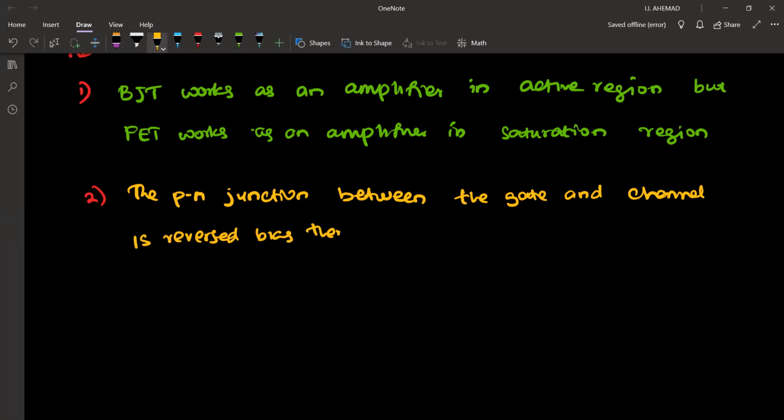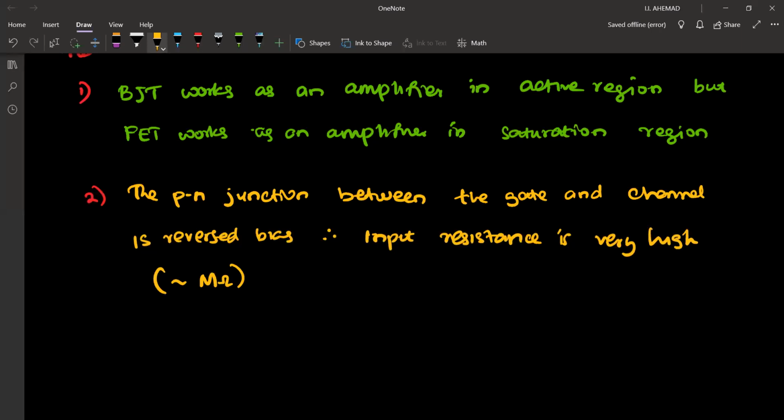Therefore, input resistance is very high, in the order of mega ohm, 10 to the power 6 ohms.